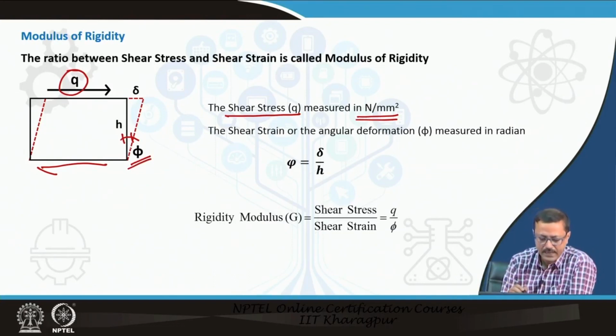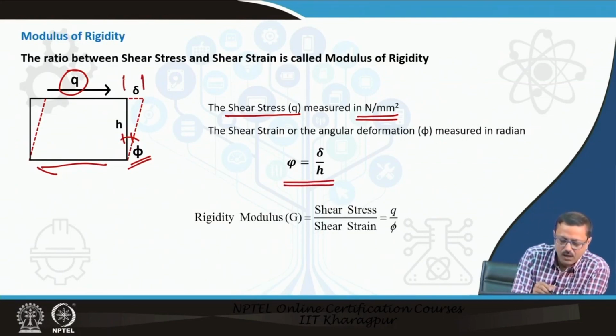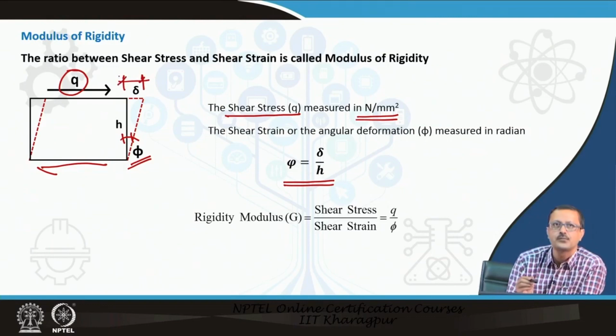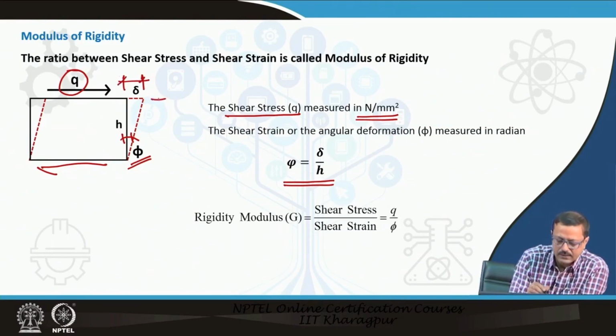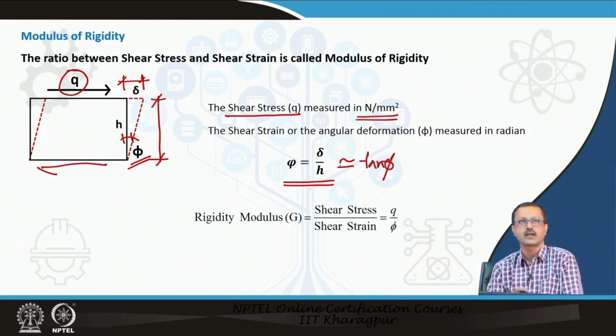So we can say that phi can be written as delta by h, where delta is a small increment of the lateral displacement at the topmost layer, and h is the thickness of that particular block, which practically is almost equal to tan phi.